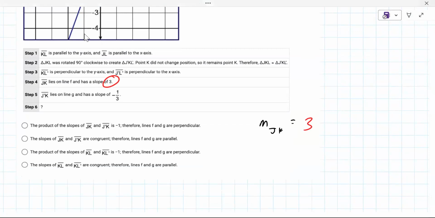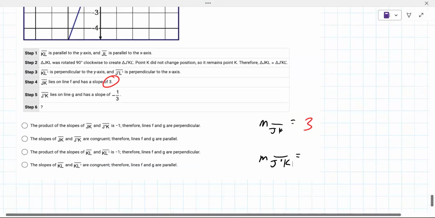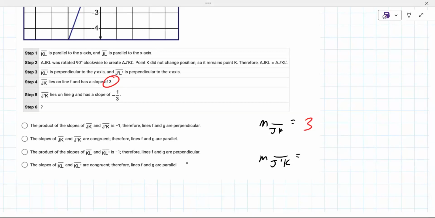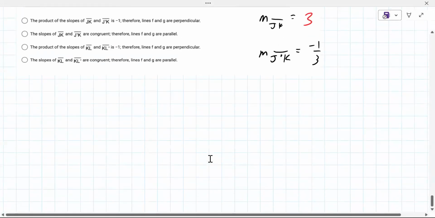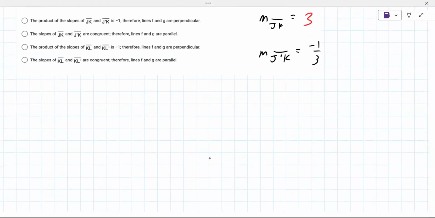Now let's have you do the same here. Let's have you do the slope of J prime K. The slope of J prime K is -1/3. Okay. So there's 3 things that could happen when you're given 2 slopes. The slopes could be parallel if they are the same.